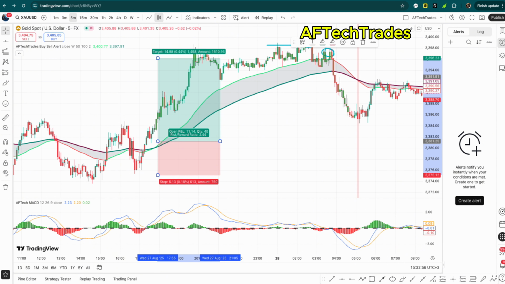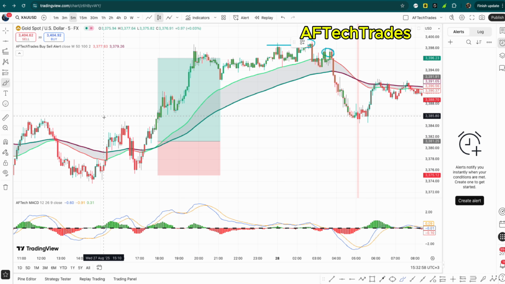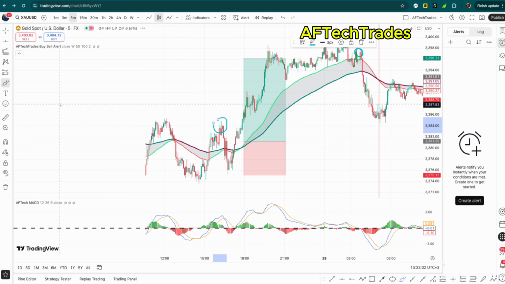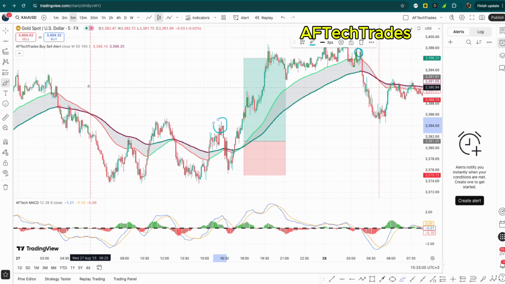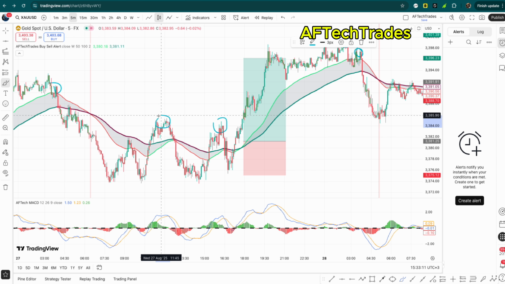So your TP starts from here, like I said. Look at the left side. Your TP starts, then you zoom in to check your next TPs. So all these would be your TP targets. I hope you get all this.